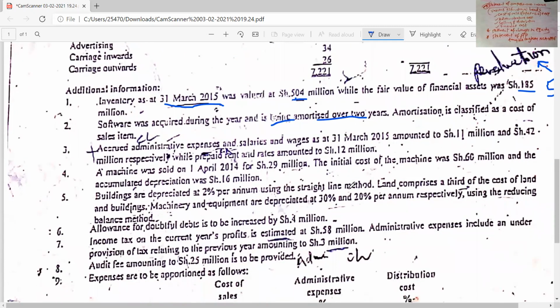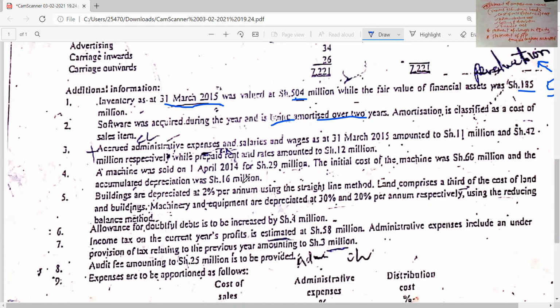Number 4, a machine was sold on 1st April 2014 for shillings 29 million. The initial cost of the machine was 60 million and the accumulated depreciation was 16. What you do there, remember this is a machine which has been disposed.